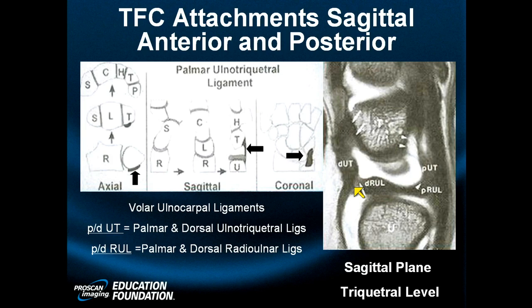Anchored in the back to the dorsal radial ligament, right there. Anchored in the front to the palmar radial ligament, right there. So you're tethered front to back, you're tethered proximally, you're tethered to the ulnar side, and you're even tethered distally.